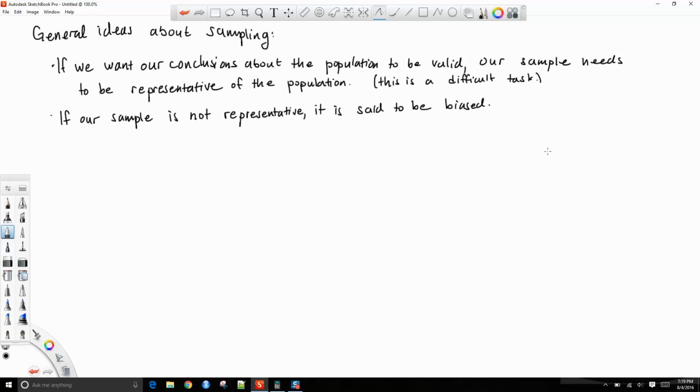And as far as bias goes, there are many reasons for why a sample could be biased. Okay, and you can read page 311 in the text.